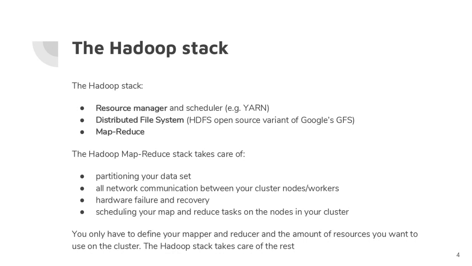These three pieces of software work together, and they take care of partitioning your data, which is more the task of HDFS, making sure that there are messages between all your clusters, all your workers. They make sure that if hardware fails you recover from that, and they schedule your program, which is made of map and reduce tasks, on the nodes in your clusters.